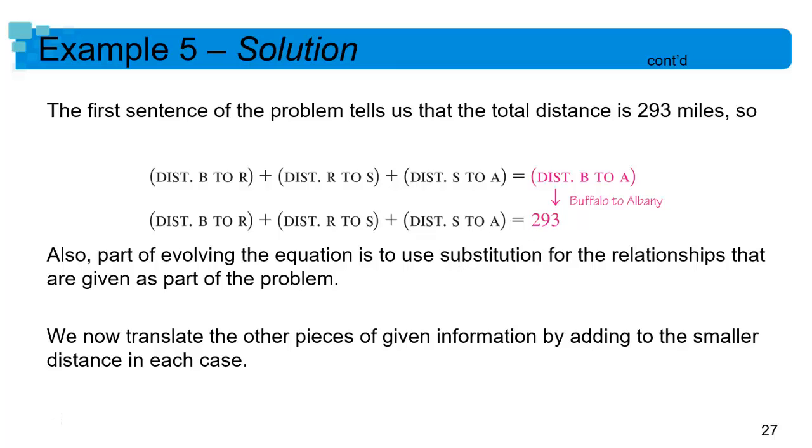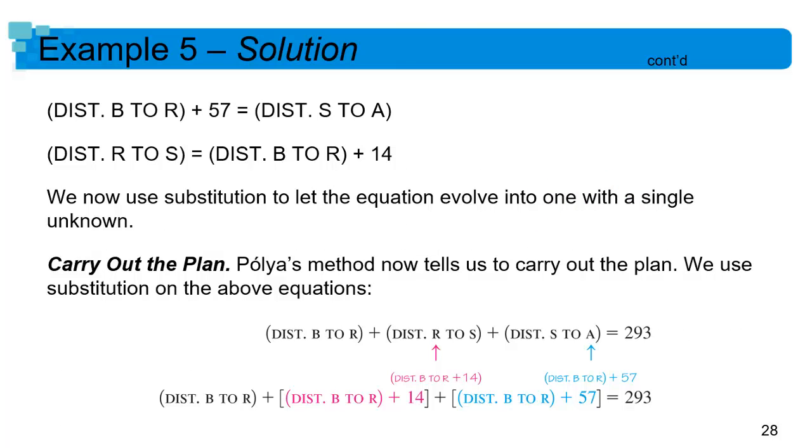But they also gave us some other information. They told us that the distance from S to A was 57 more than the distance from this. So if you add 57 to it, they're equal, and now we can make a substitution. Same thing here, they gave us a relationship between these two, and by substituting both of them in, we can turn them into just another version of the distance from B to R. So now everything's going to be in terms of Buffalo to Rochester.